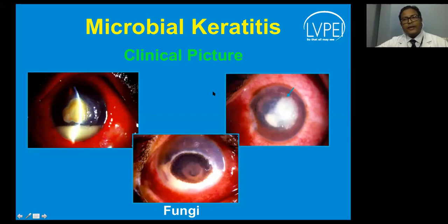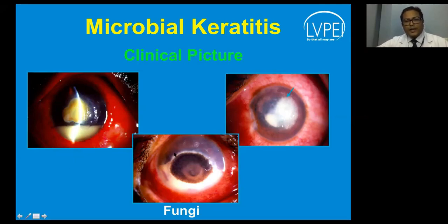There is often an antecedent history of trauma or vegetative injury, and the persons affected are typically those who are working in the agricultural sector, and the lesion tends to just sit quietly on the cornea, and it appears as a dry, raised lesion with feathery margins, a dry looking infiltrate and very irregular margins, and sometimes the corneal ulcer may have a raised pigmented appearance, kind of a mushroom that is sitting over there.